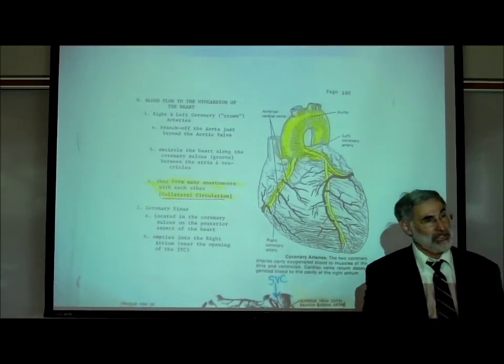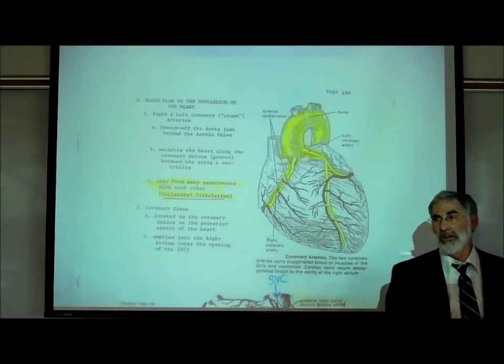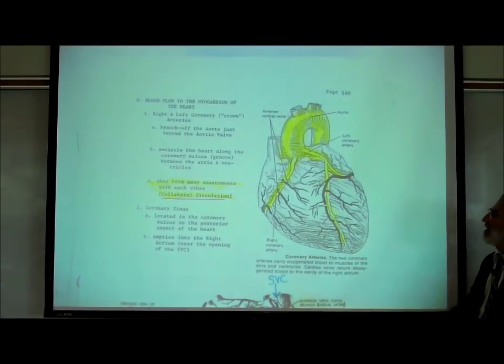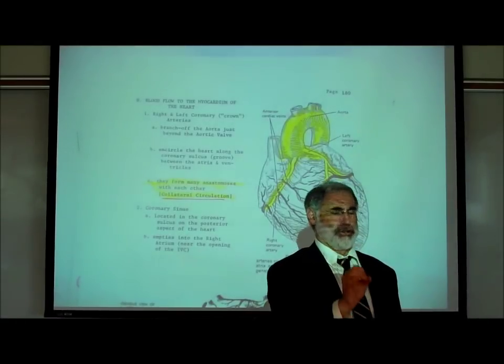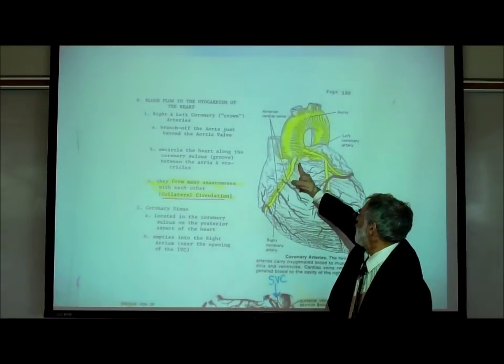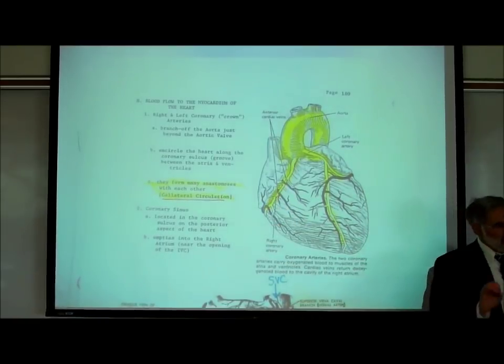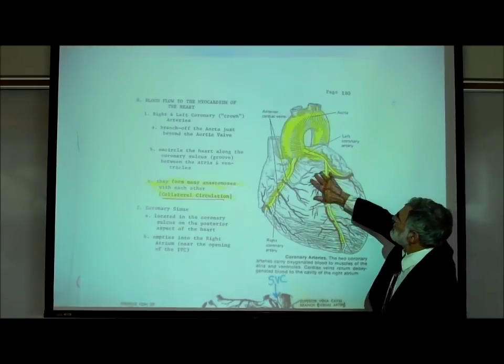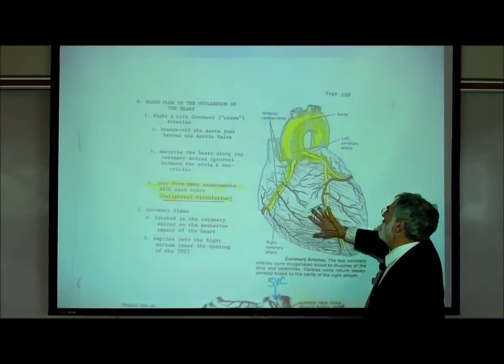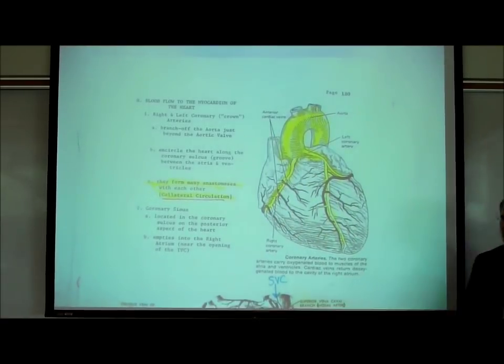I talked about all this last time, and it's on my video review of anatomy. The very first little arteries to branch off the huge aorta are the right and left coronary arteries. Their job is to supply oxygenated blood to the myocardium of the heart.